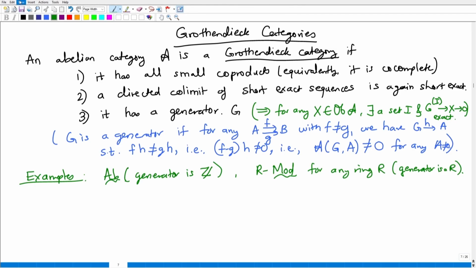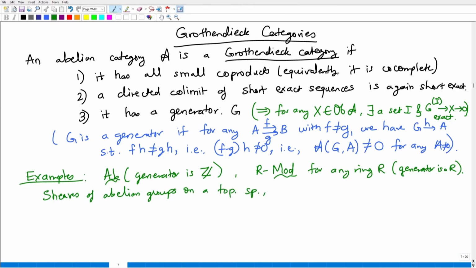This is also nice. Then, for those who know about these things, sheaves of abelian groups on a topological space.